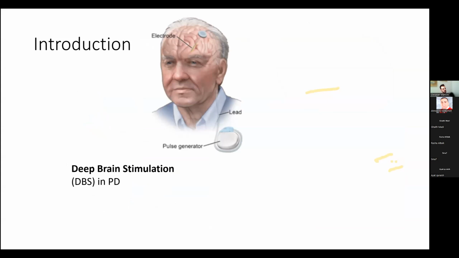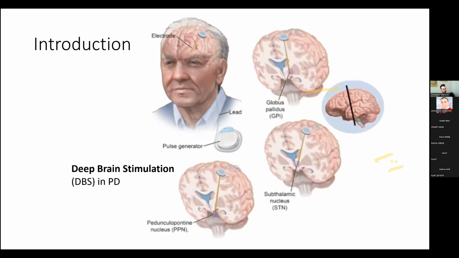And what happens? An electrode is implanted in the patient, as you can see here, and there are mainly three parts of the brain that are stimulated with this electrode: the globus pallidus, the pedunculopontine nuclei, and the subthalamic nucleus.